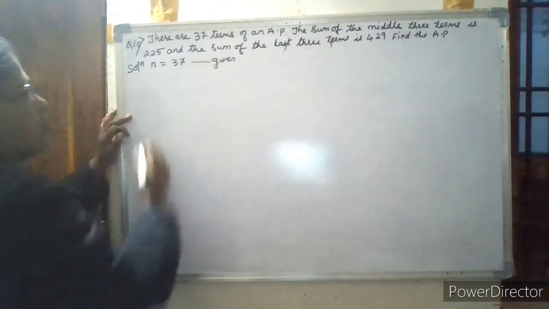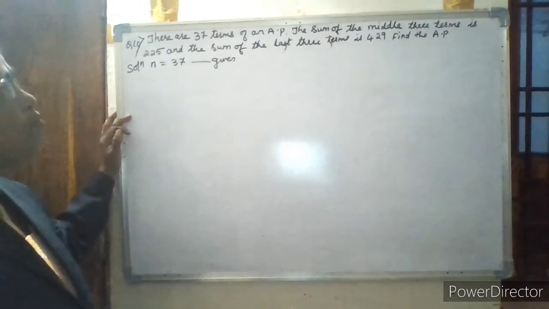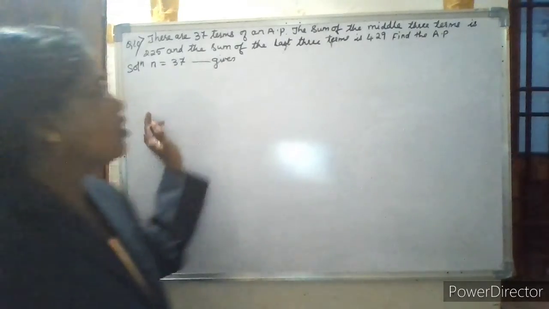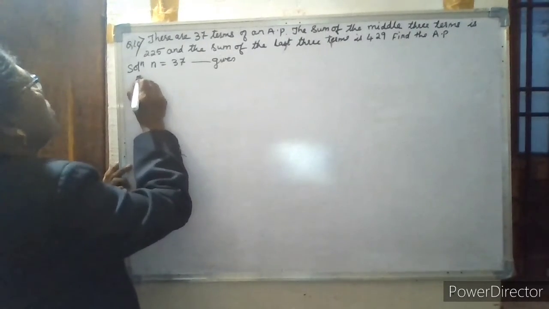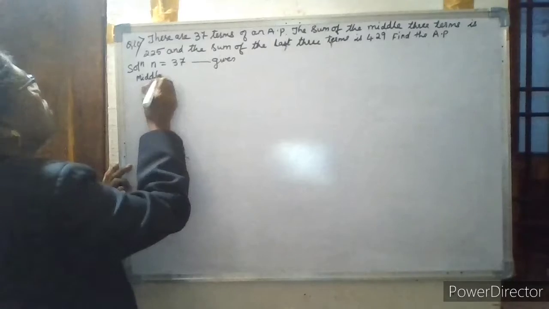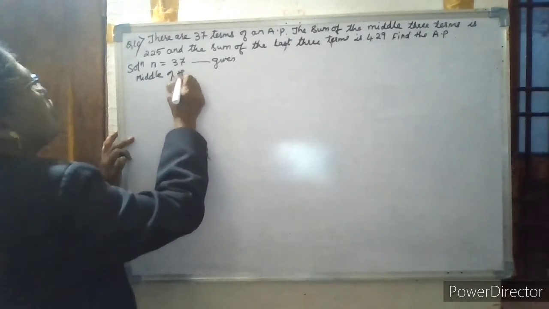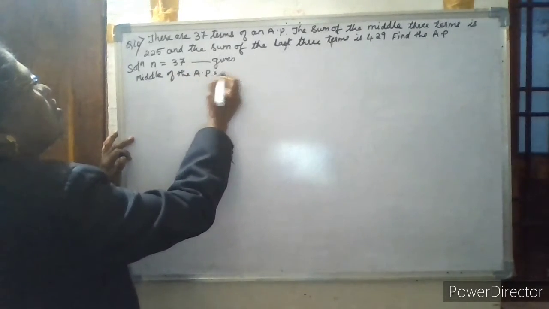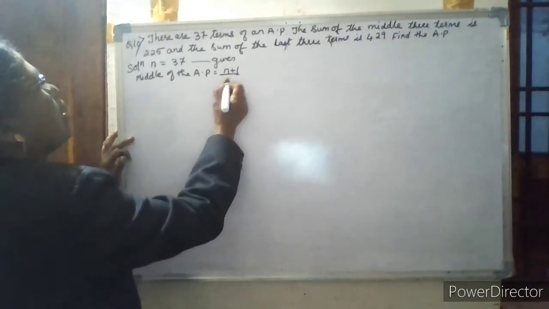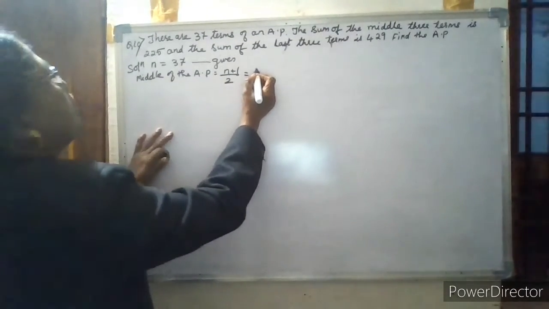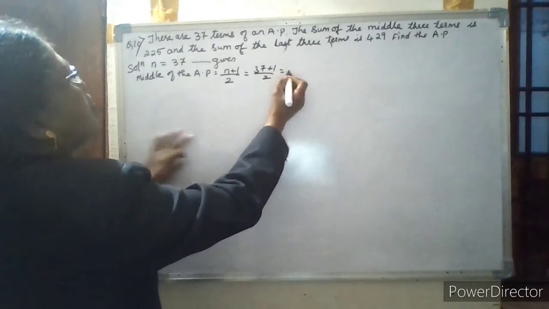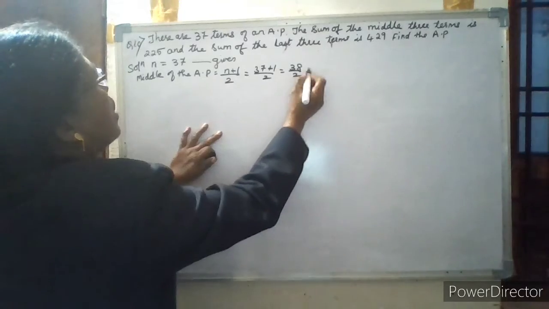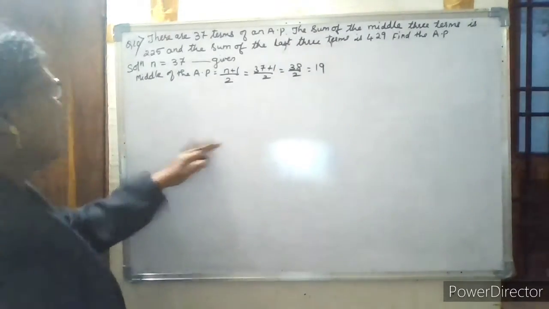So we have to find the middle term. By the first condition, the sum of the middle three terms is 225. So let us first find the middle term. The middle term of the AP is equal to (n plus 1) by 2. So n is 37, plus 1, by 2, that is 38 by 2, and that will be equal to 19. That means the 19th term is the middle term.